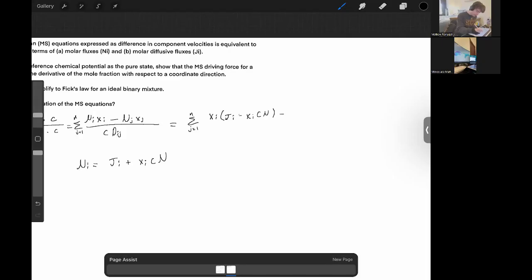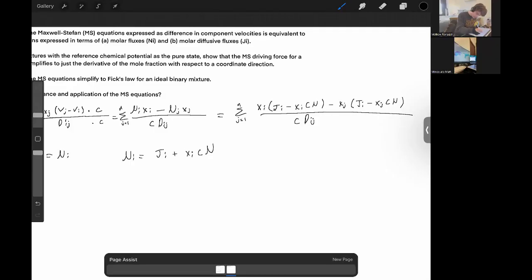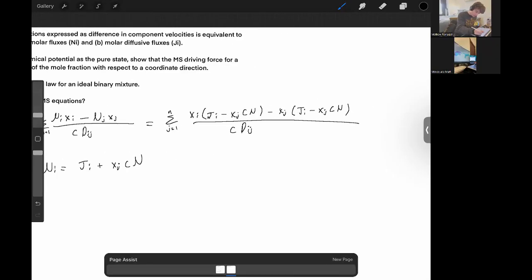And then we're going to have this be subtracted by with y, n. And then it's going to be over some concentration multiplied by the diffusivity. Actually, this should be the inverse. So it does that. And now this turns into 5.